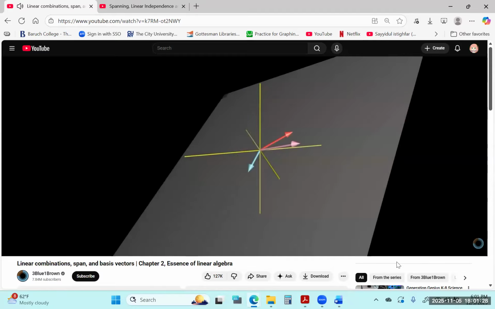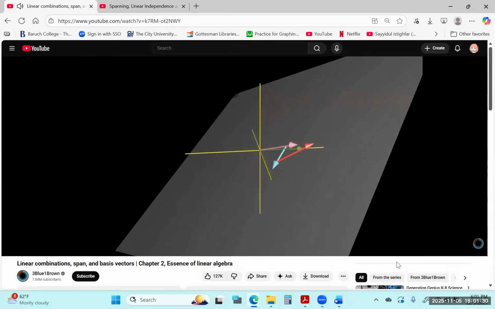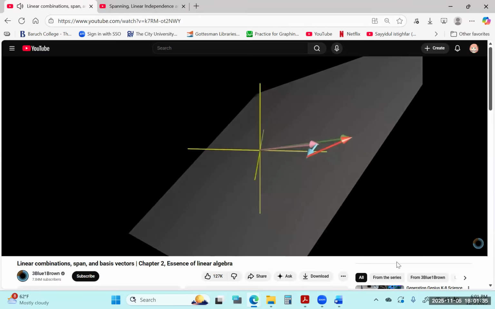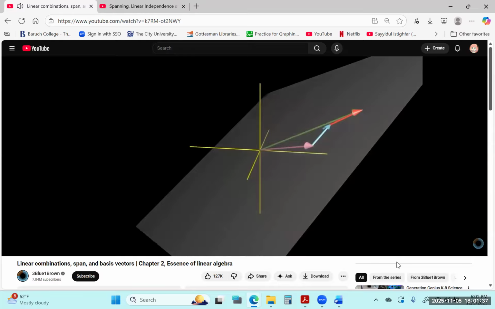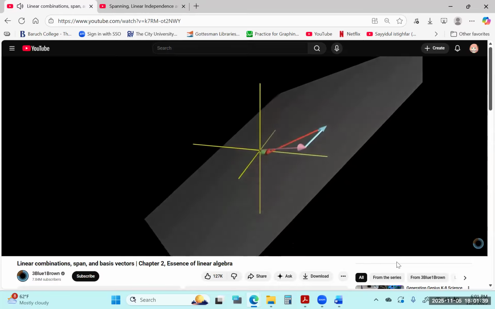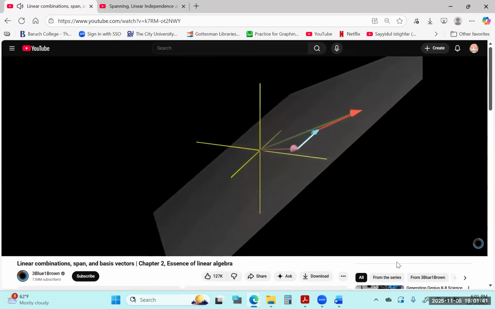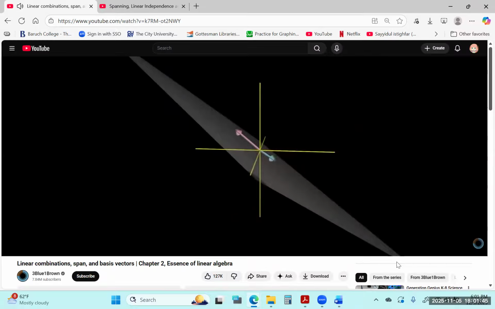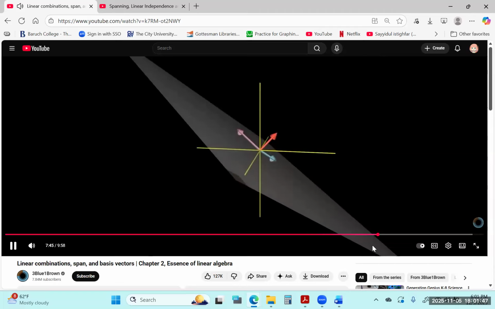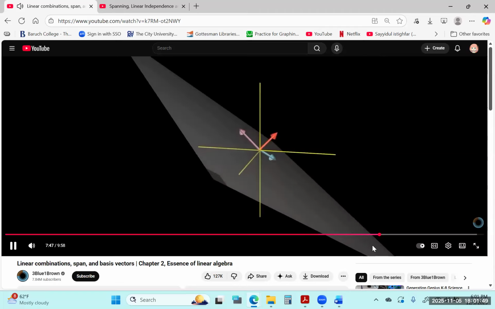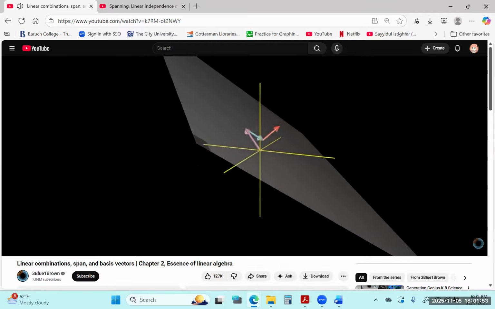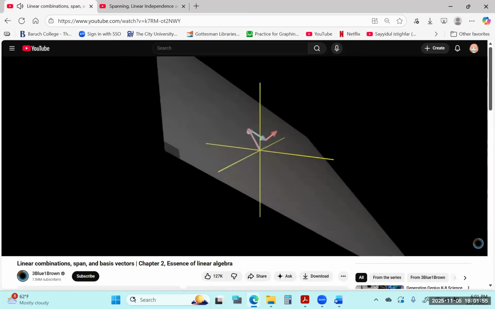If your third vector happens to be sitting on the span of the first two, then the span doesn't change. You're sort of trapped on that same flat sheet. In other words, adding a scaled version of that third vector to the linear combination doesn't really give you access to any new vectors. But if you just randomly choose a third vector, it's almost certainly not sitting on the span of those first two. Then, since it's pointing in a separate direction, it unlocks access to every possible three-dimensional vector.